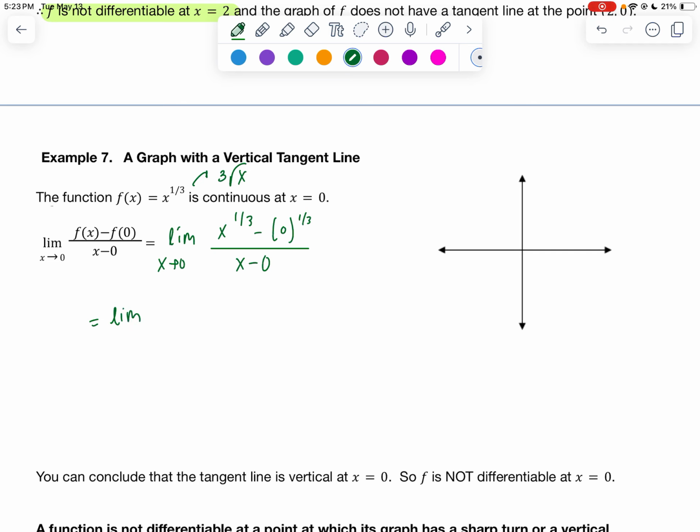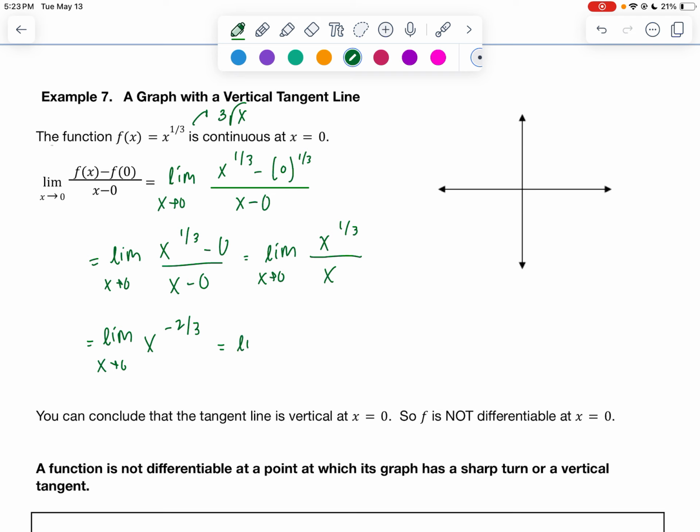If I keep going, the limit as x is approaching 0, I'm going to keep the x to the 1/3, the minus 0, x minus 0, right? Limit as x is approaching 0, this becomes x to the 1/3 over x. Looks like I am dividing, so I subtract my exponent. So this becomes x to the -2/3.